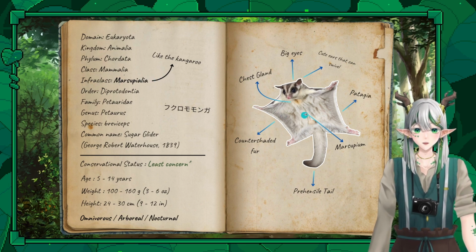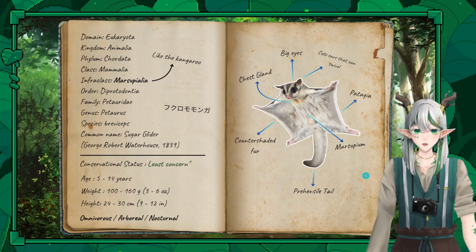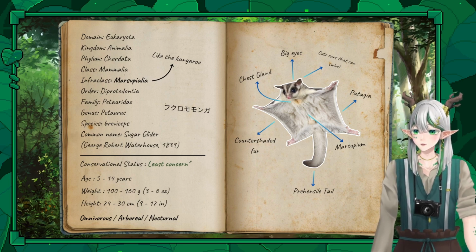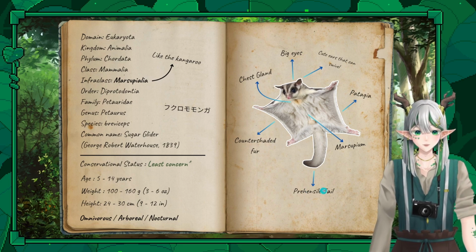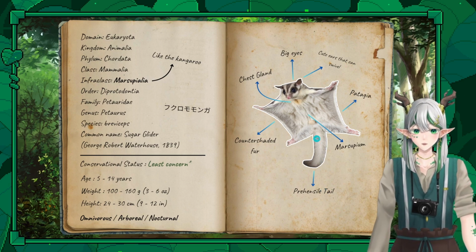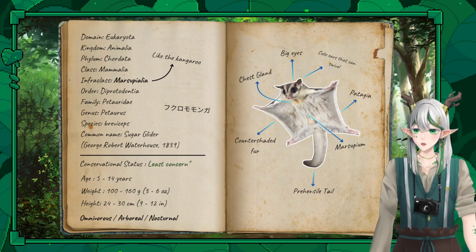So all of them have that, so kangaroos too and stuff like that. And that's simply the pouch. Now, again, it's the technical term for the pouch in which the mom keeps the babies after their birth and stuff. Then it also has a prehensile tail, which helps him coil around branches and stuff, for support. It has some counter-shaded fur, which is again a very usual thing to see in animals, really.